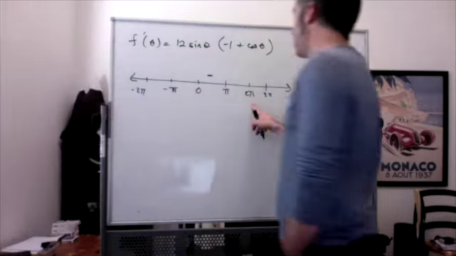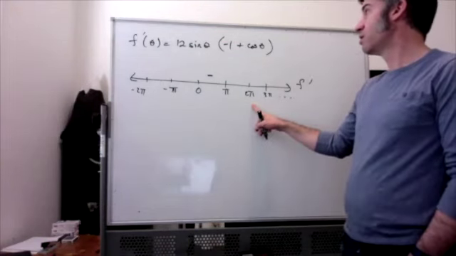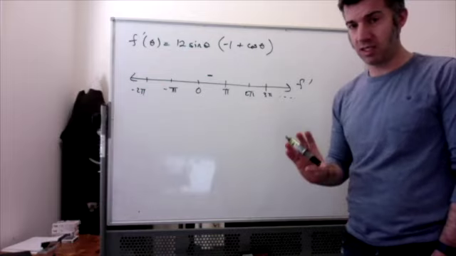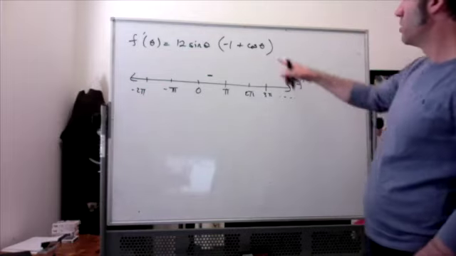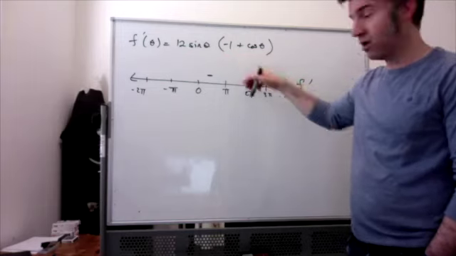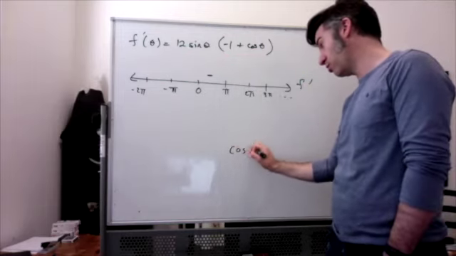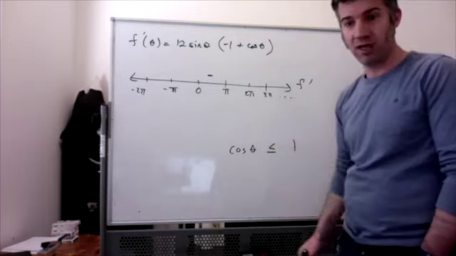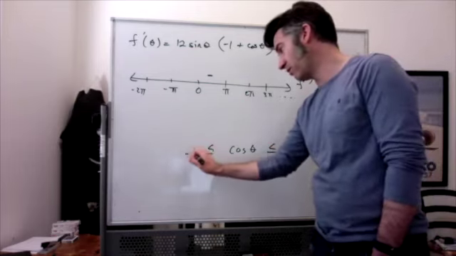Between pi and 2 pi, let me say something here. Negative 1 plus cosine is always going to be negative. We should know that cosine of theta is always less than or equal to 1, and also always bigger than or equal to negative 1.